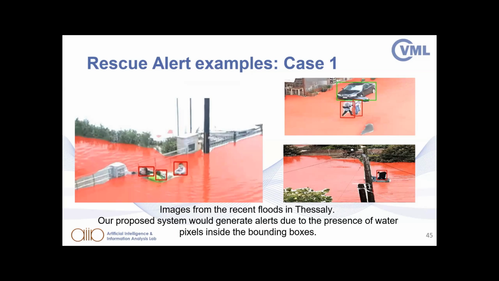For instance, a person in danger is highlighted in red, and submerged vehicles are identified with green boxes. So the rescue alert is triggered when the model identifies a significant overlap of flood pixels within these bounding boxes, indicating objects or individuals at risk.